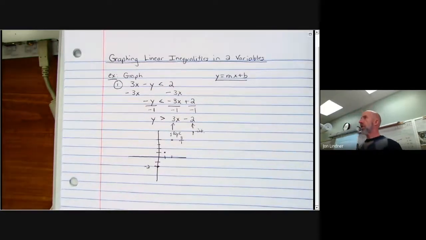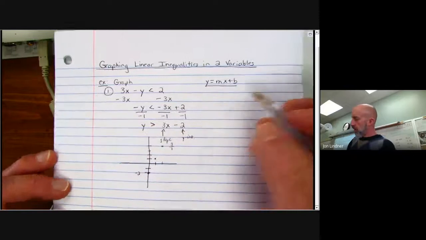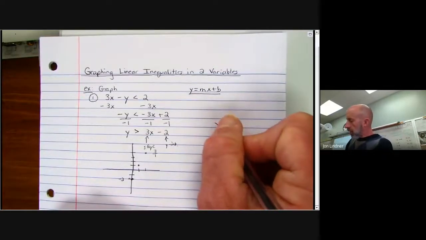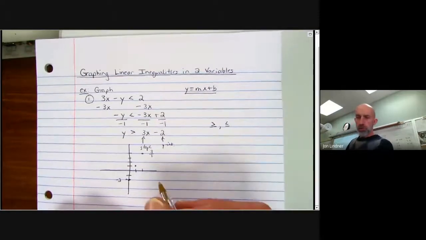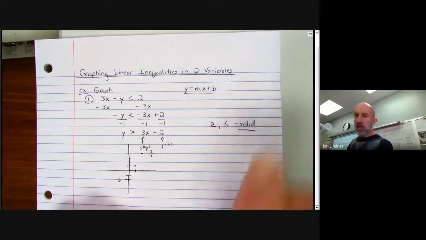Now don't draw the line yet. Because it's an inequality, I've got a couple things I have to look at. If it is greater than or equal to, or less than or equal to, I use a solid line.